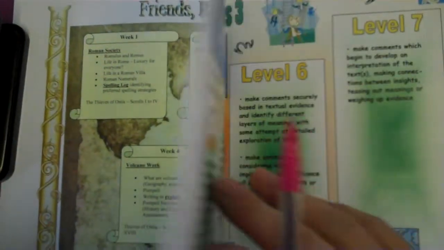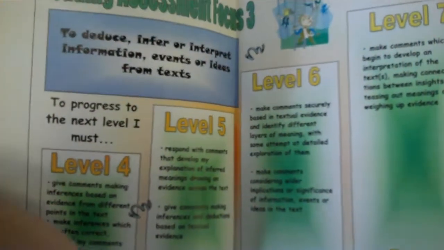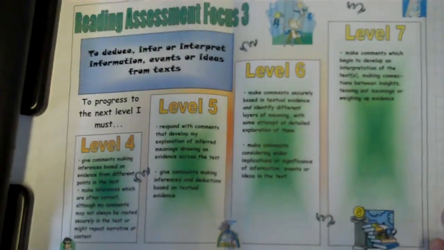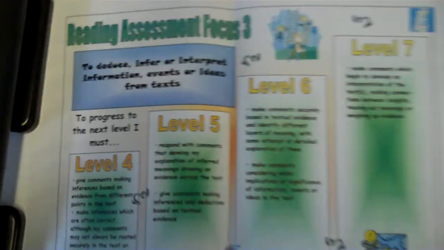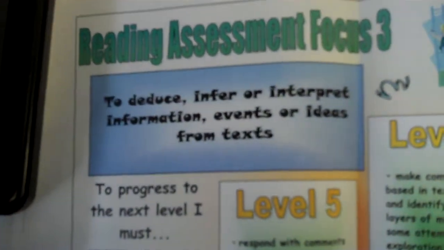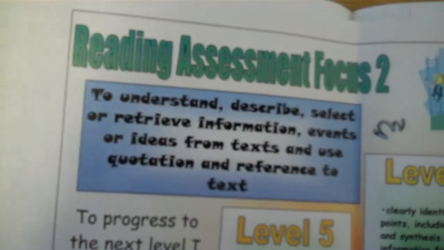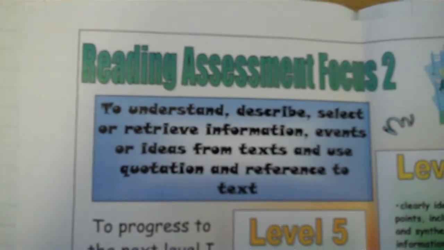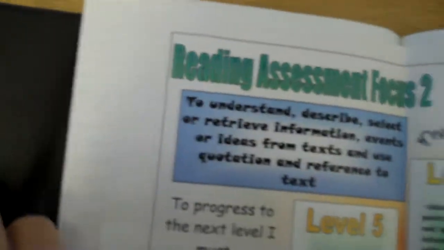The next thing that really is fundamental is to identify with students and have them present and understand the key assessment focuses of that project. So for the purposes of this project, the key assessment focuses are Reading Assessment Focus 3 and Reading Assessment Focus 2, which are taken directly from the APP reading grids for English.